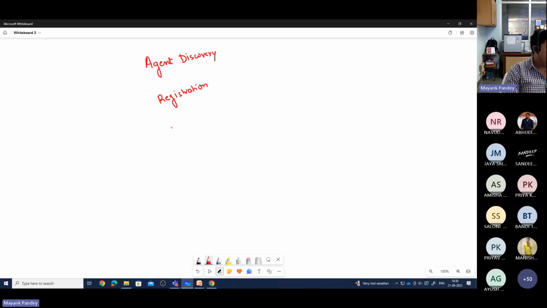And the third is datagram delivery. There are these three processes, 1, 2, and 3. We'll be discussing each of these processes one by one: agent discovery, registration, and datagram delivery. So first of all, let's take agent discovery.